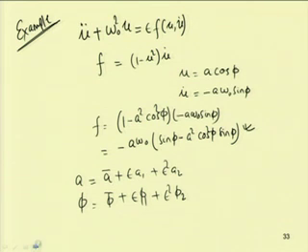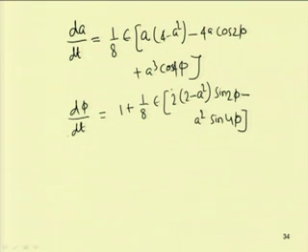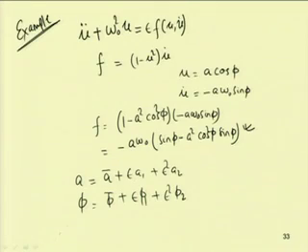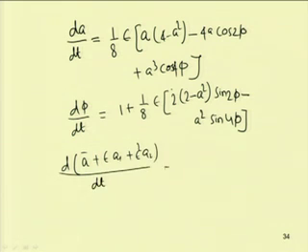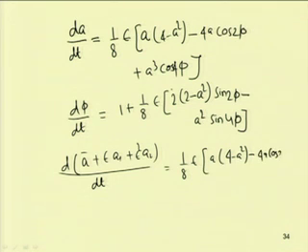So, substituting in this equation, d of a bar plus epsilon a 1 plus epsilon square a 2 by dt will be equal to the first equation, that is 1 by 8 epsilon into a into 4 minus a square minus 4 a cos 2 phi plus a cube cos 4 phi.